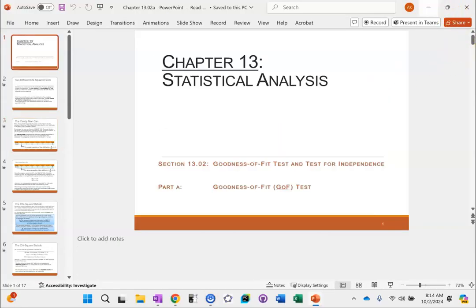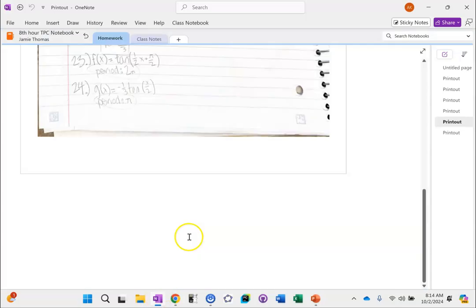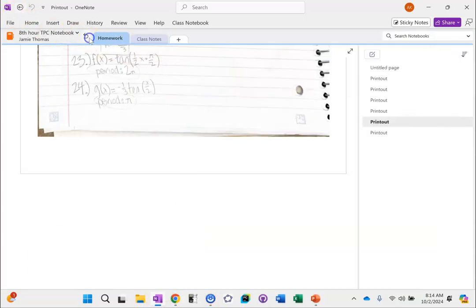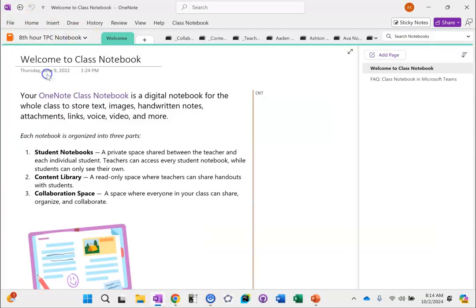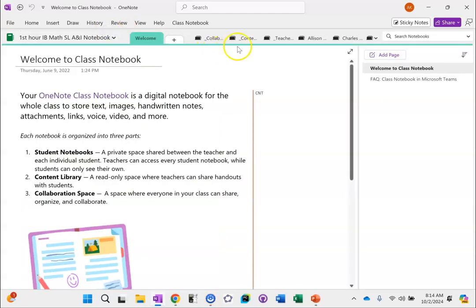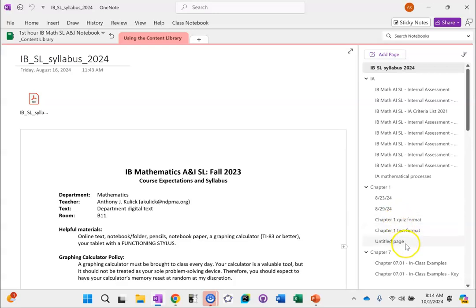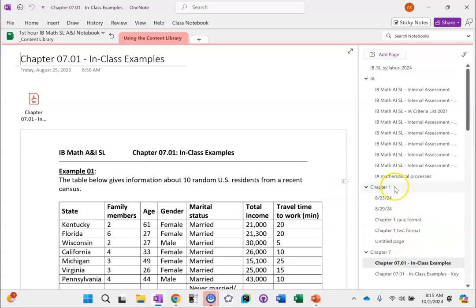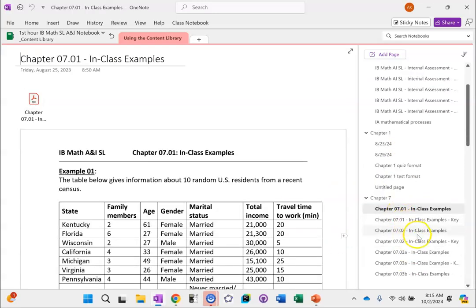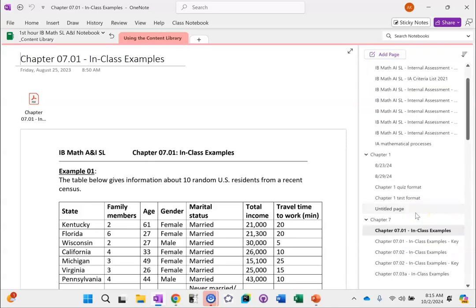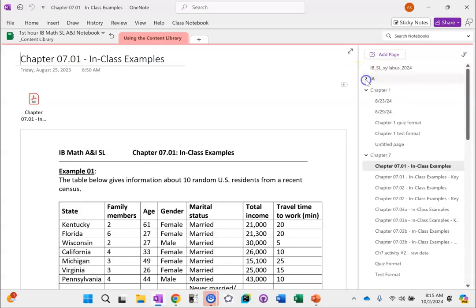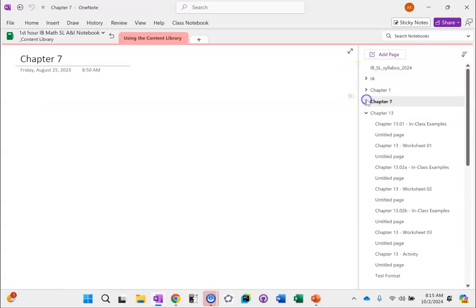Okay. So let's do examples. We're in chapter 13 there, genius. Let's minimize some of this stuff so it's not right there. All right.